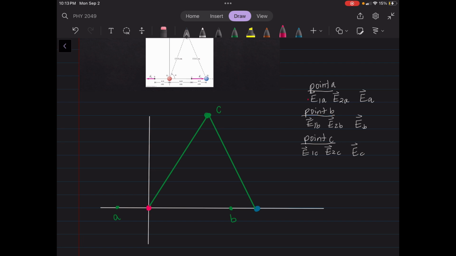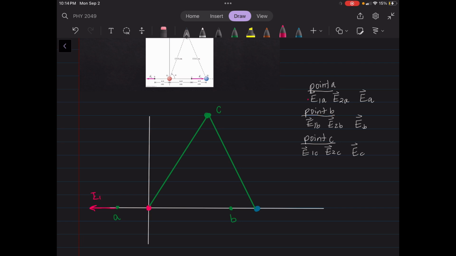All right, so let's start here. E field at point A due to Q1. So we're going to draw our E field at point A. And since Q1 is positive, the E field due to Q1 should be pointing directly away from Q1, because E fields always point away from positive charges.